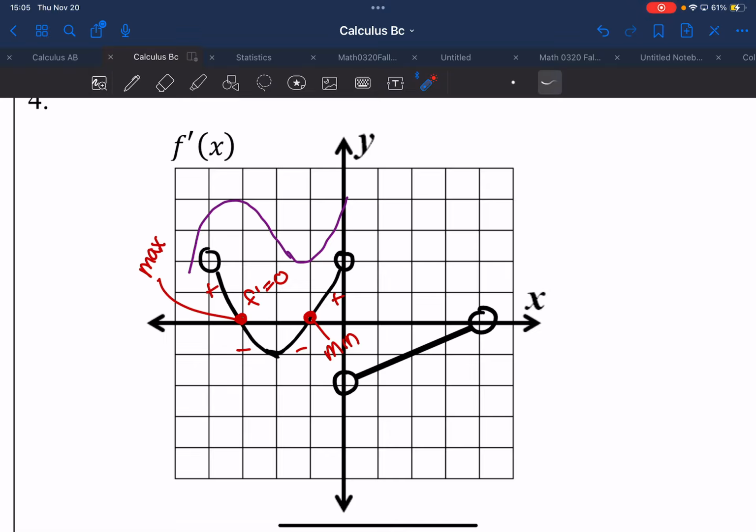I mean, no, it doesn't really matter because we're drawing a sketch of what the original function is, which means there's so many different functions that we could have when we take the derivative because we could have constants that go away, right? So, no, not in this particular instance because it's just telling us to draw a sketch.